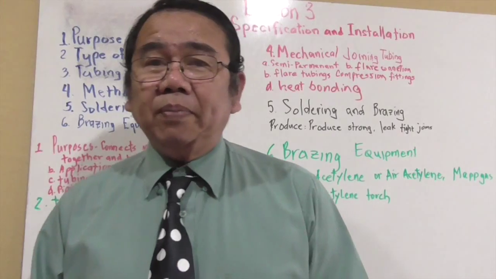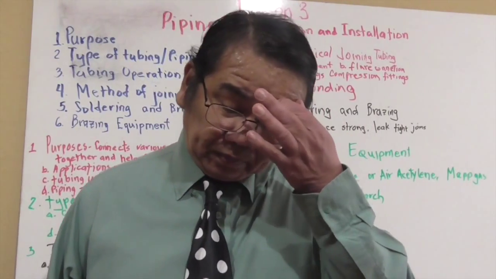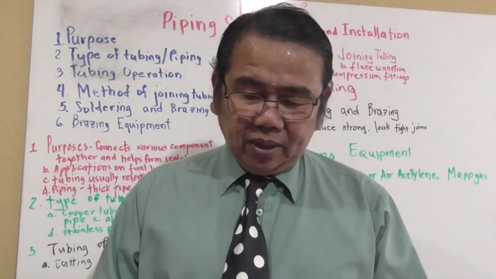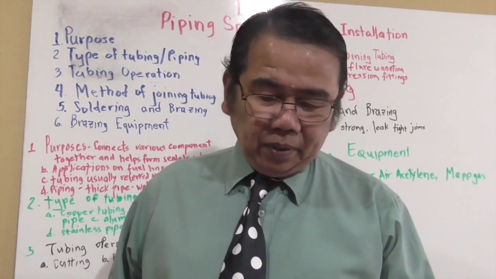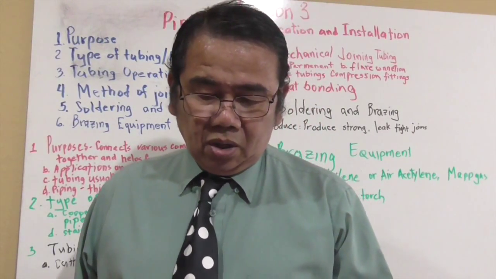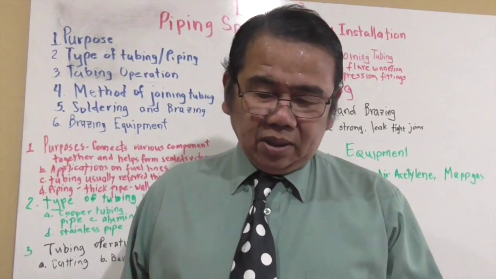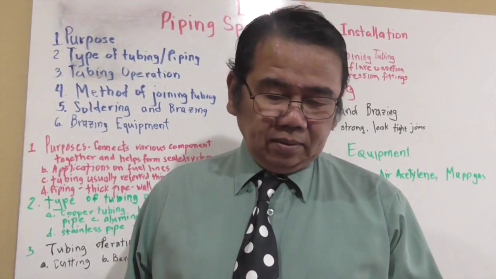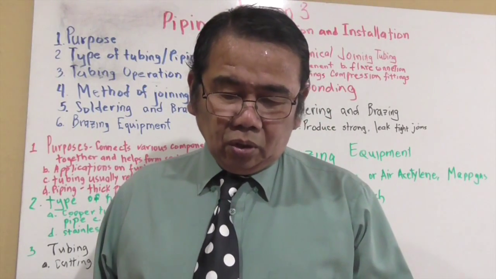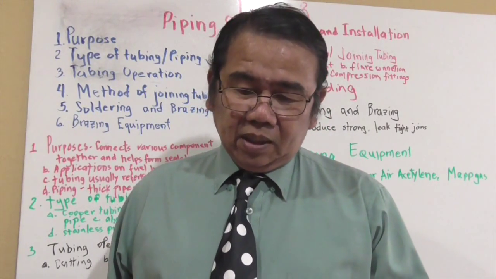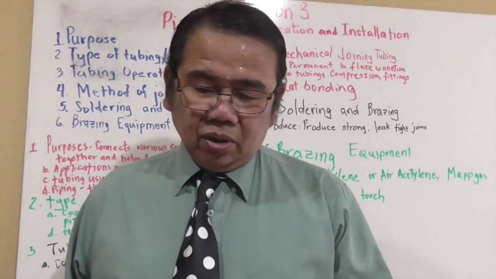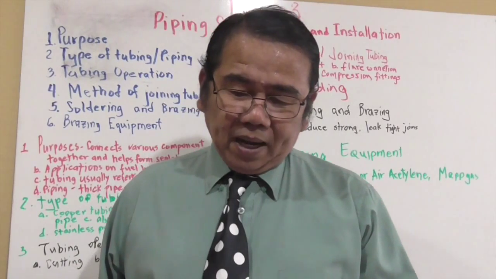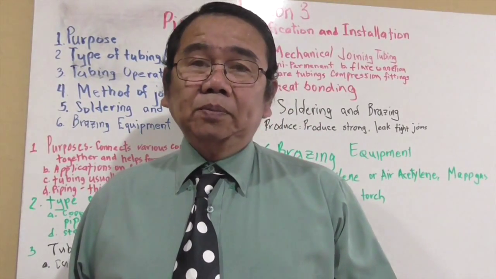And then we have to talk about bending the tubing. Bending is done when soft rolled copper tubing is used. It is more convenient and economical than using fittings. Rule of thumb: the minimum bending radius a tube can bend is between 5 and 10 times the tube outside diameter.